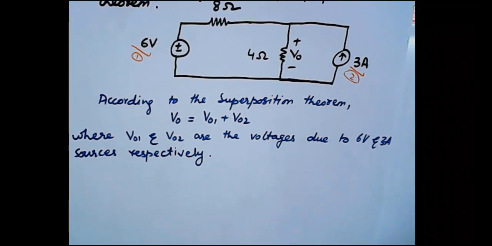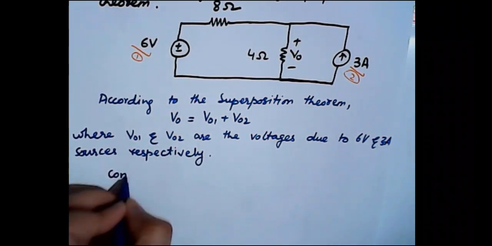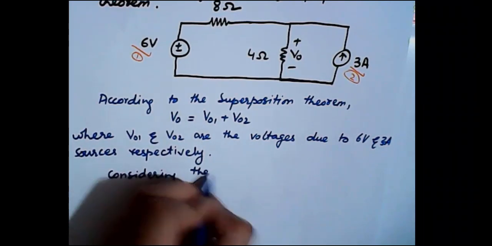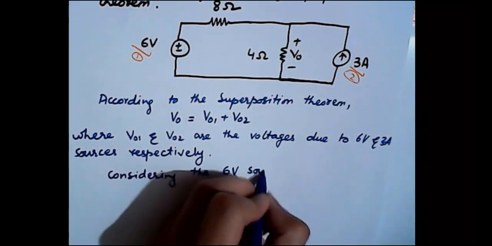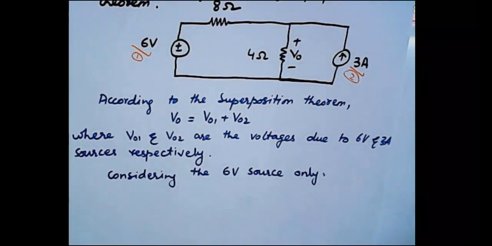And now what we will do, we will consider only one source at a time. So we will be considering the 6 volt source only, right? Now our circuit will look like this.